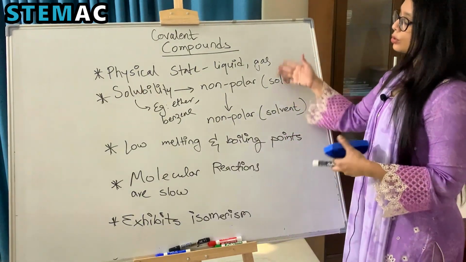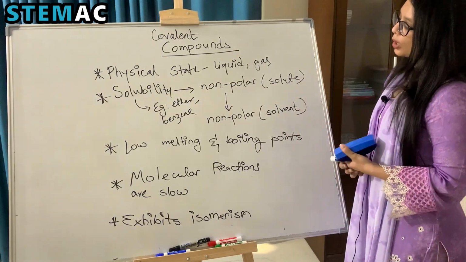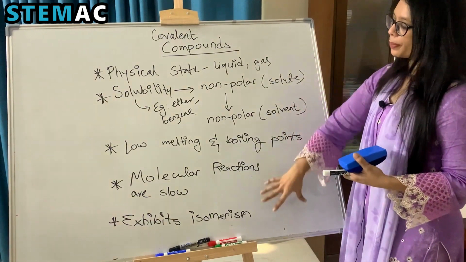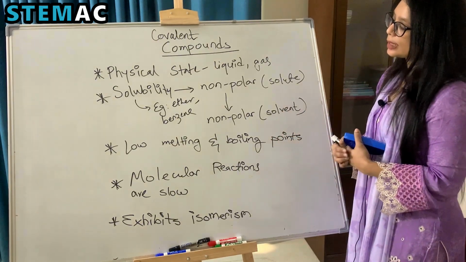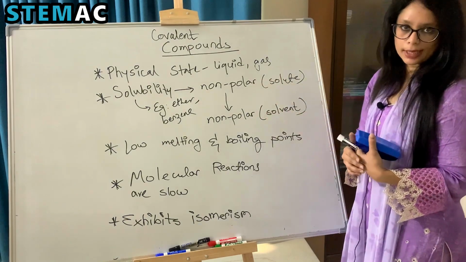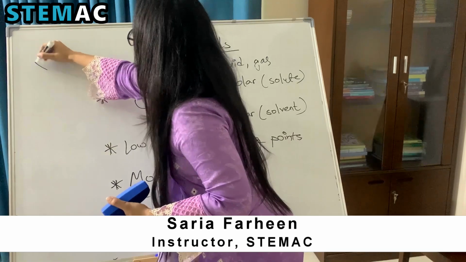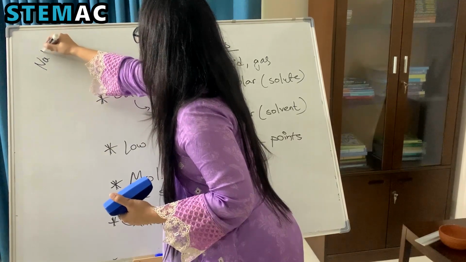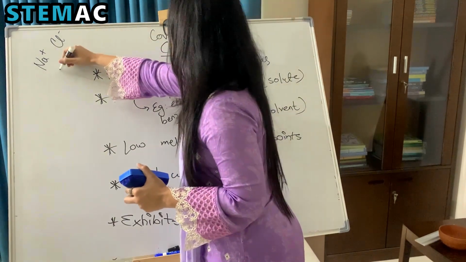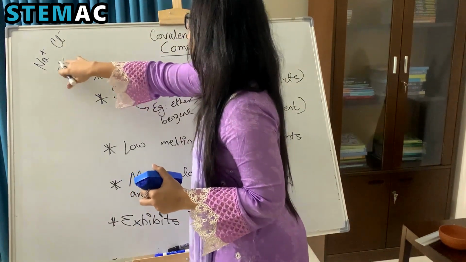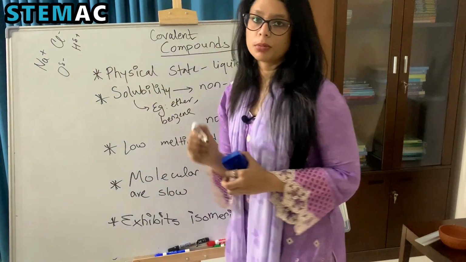And when it comes to solubility, we have already been introduced to the term polar. Since covalent compounds don't give any kinds of ions or charges, these are non-polar in nature. Just like how we saw that the ionic compounds sodium and chlorine give sodium and chloride ions when dissolved in water, so that the oxygen's partial negative charge can attract the sodium and the partial positive charge of the hydrogen can attract the chlorine.